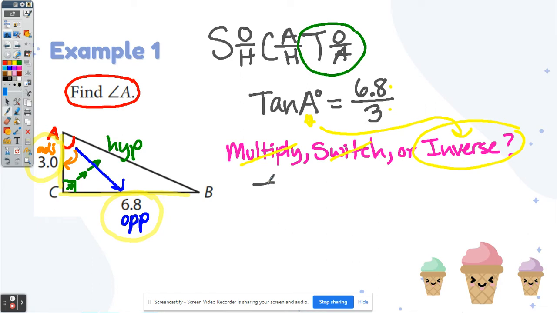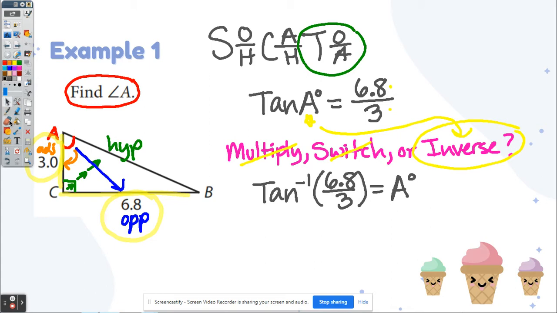So you have tan of A degrees, we still don't know how much it is, needs to be changed to this. Tan inverse, opposite over adjacent, is equal to A degrees. Notice the difference. We put everything we know here using the inverse so we can solve for our unknown.